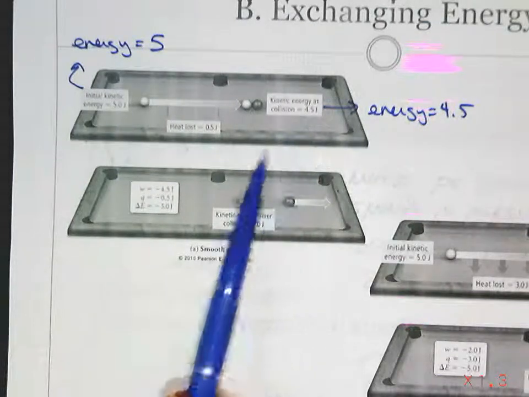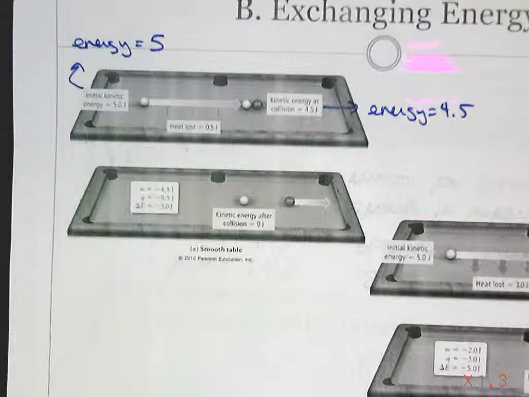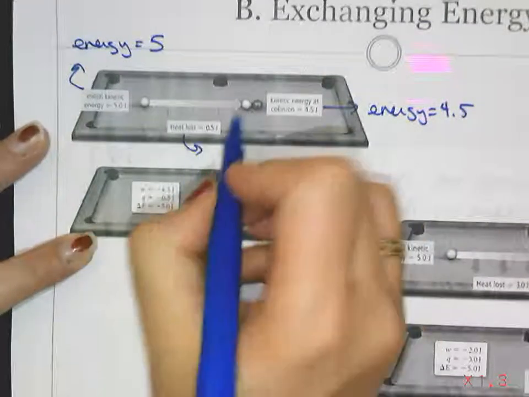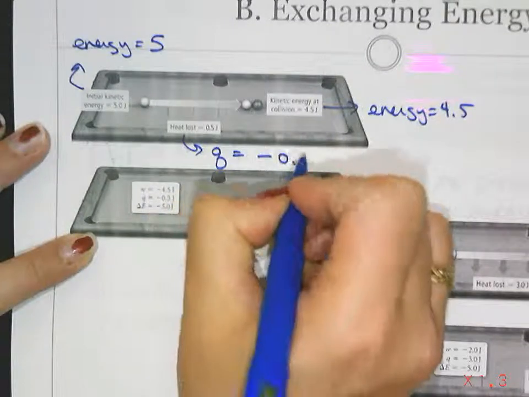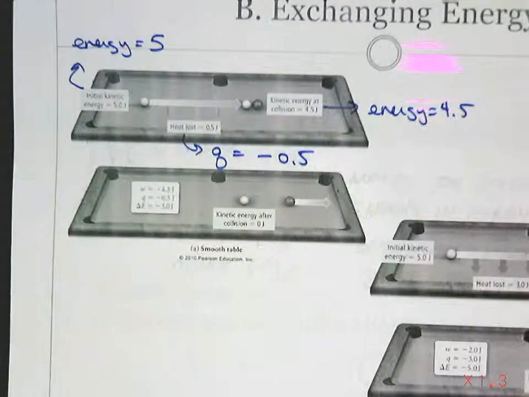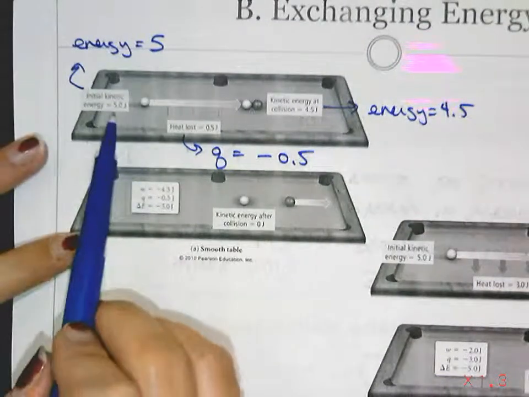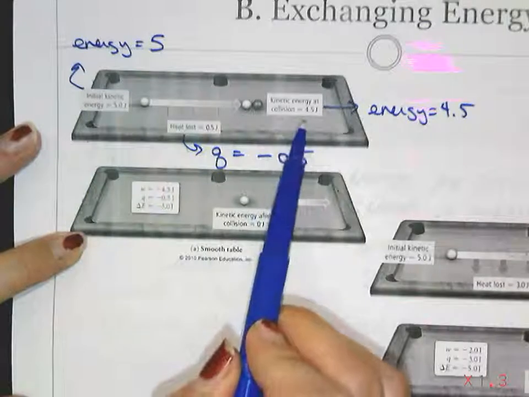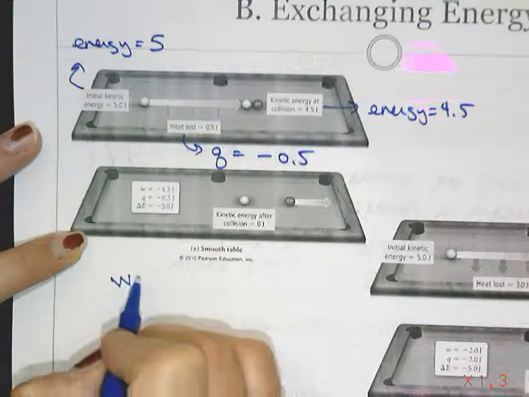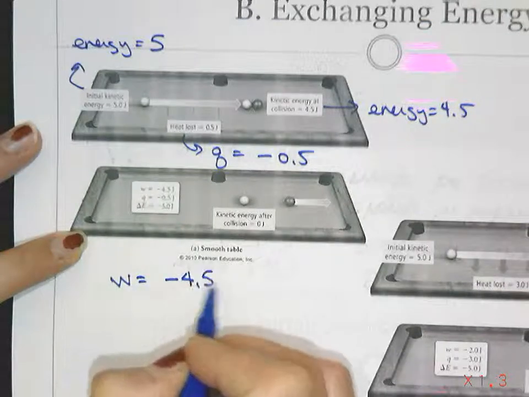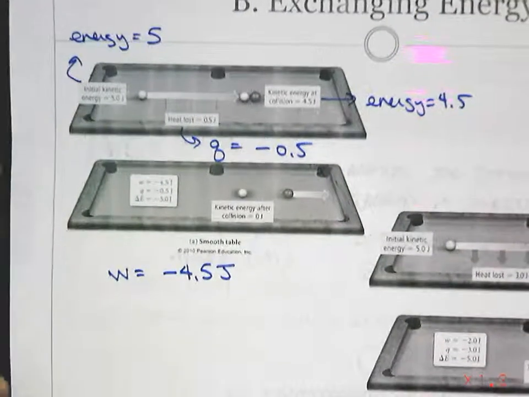So this heat, we give the letter Q. And if it's heat lost, it's telling me the direction must be negative because I'm going to the table. The heat was on the ball, it's giving it away to the table. And if I start off at 5, I end up at 4.5. The work is also a negative number, because I'm doing work on the other ball.